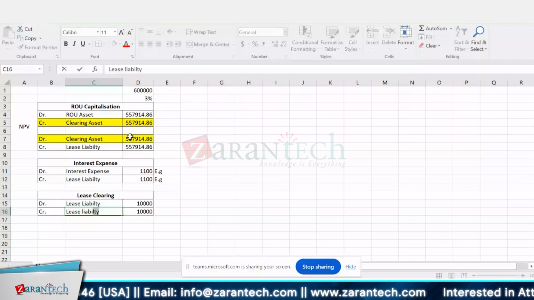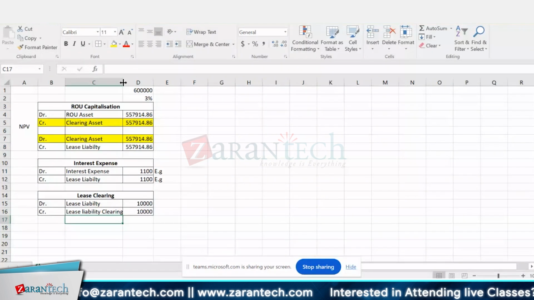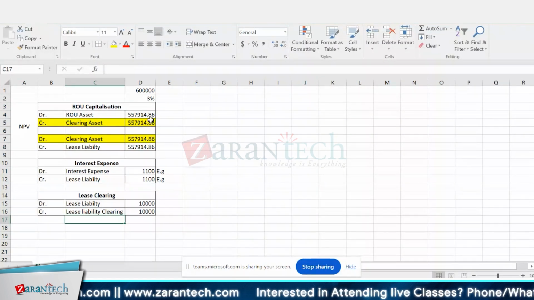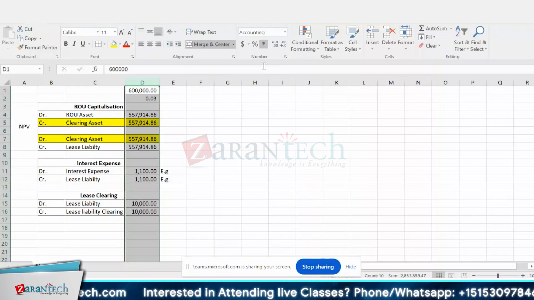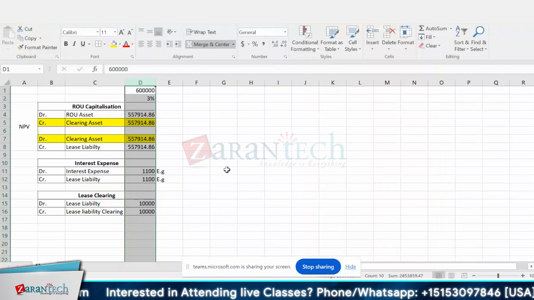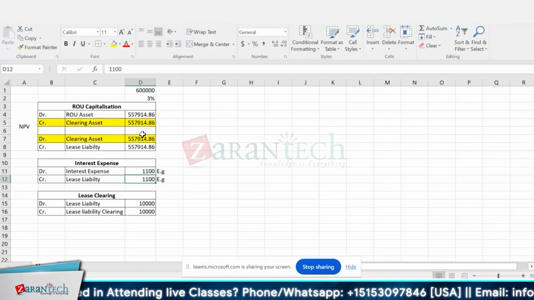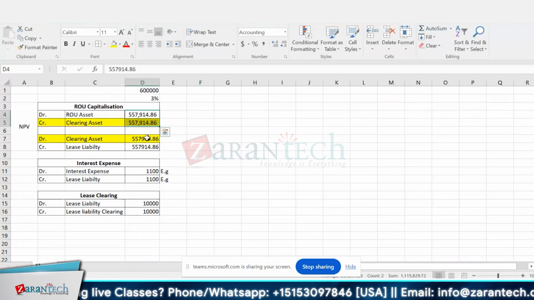So it's again the clearing GL. Now ahead we will pay to the vendor, so for that we need to pass some part in lease clearing. At that time the lease clearing account will knock off. But then why exactly should I be parking it to the vendor directly, right?